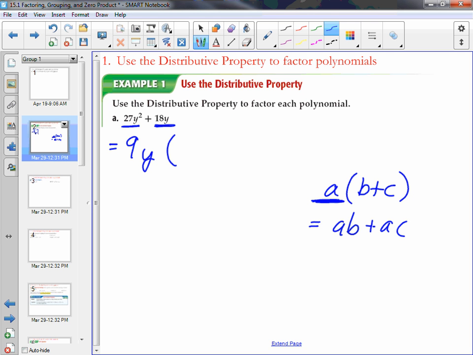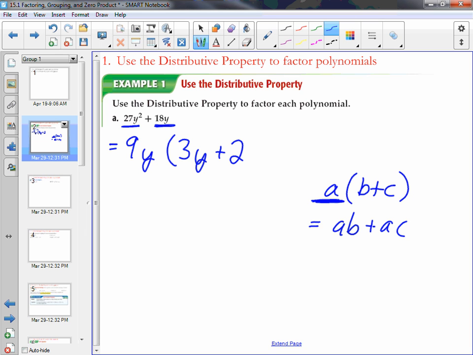So what's 27 divided by 9? 3. What's y squared divided by y? Y. And then since there's a plus sign between the terms, plus, what's 18 divided by 9? 2. What's y divided by y?